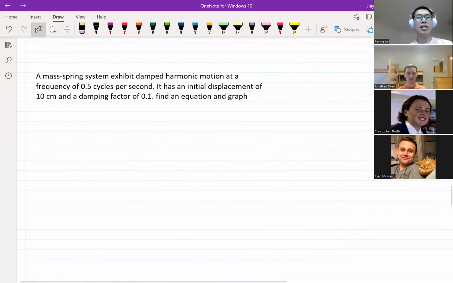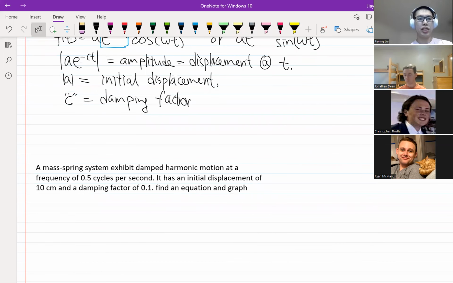It says a mass spring system exhibits damped harmonic motion at a frequency of 0.5 cycles per second. So it gives us the frequency. And it has an initial displacement of 10 centimeters and a damping factor of 0.1. Find the equation and the graph.